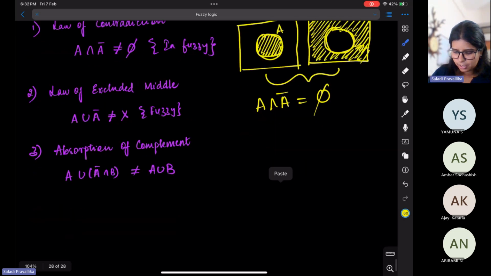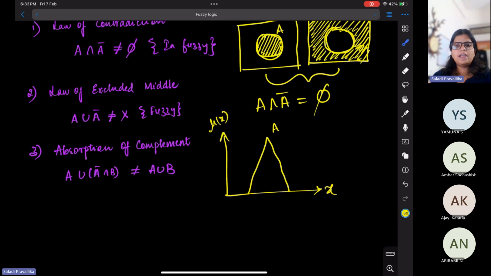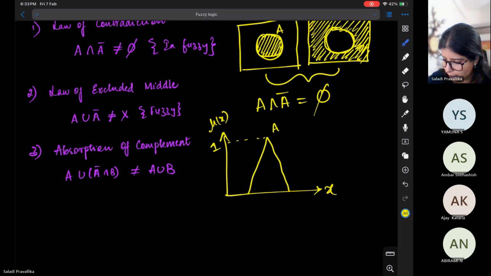So let us see. Let us take a triangular membership function. So this is A, and this is the value 1. If I were to take a complement, the complement of A is nothing but 1 minus whatever membership function value the fuzzy set has at that point.